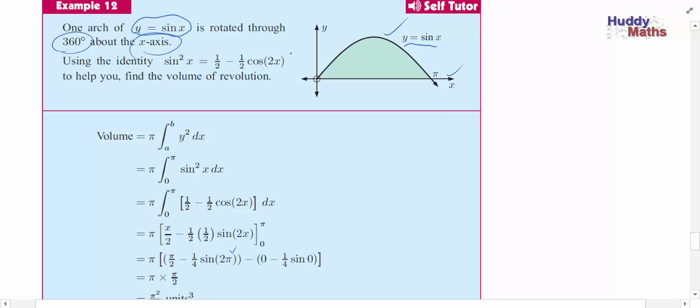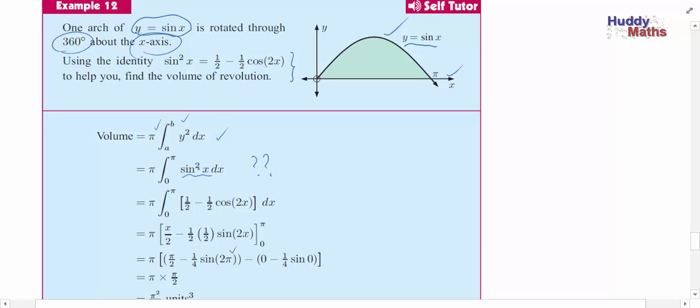Now, to give you a hint here, but let's do without the hint for the moment. Let's say the volume of this solid of revolution is pi times the integral over that interval of y squared, because remember A equals pi r squared for the area of the ends of those discs. And so putting in y, it's sine squared x, and now we are going to try to integrate that.